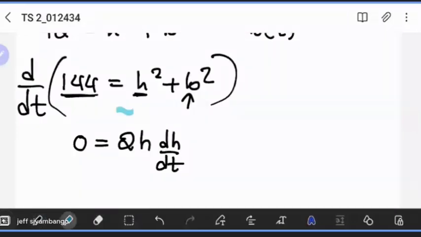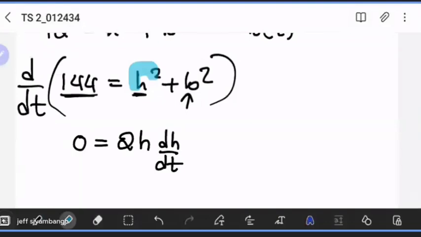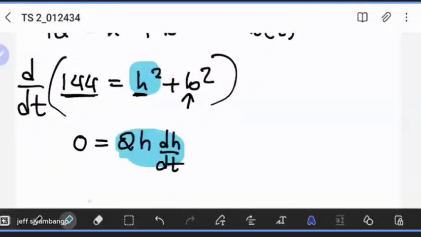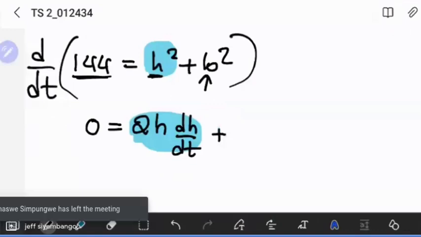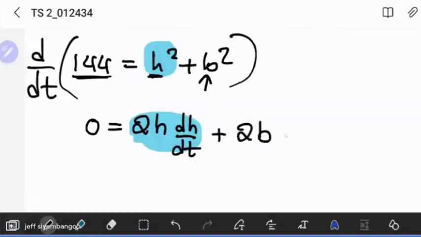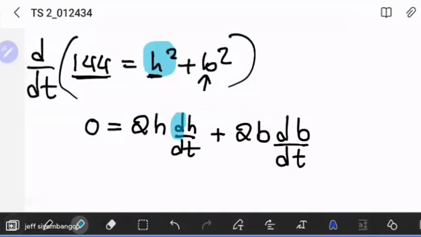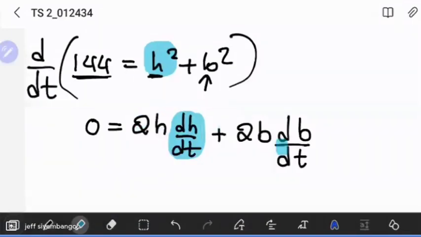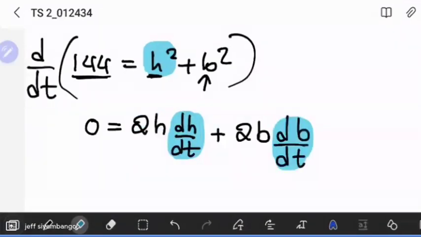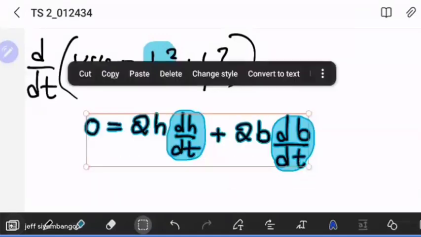So this is why we say, okay, H is changing. We have differentiated H. In the same way, we differentiate B. B also depends on time. So we will have 2B, and then we'll multiply by dB/dt. So we're saying that H is changing with respect to t, dB/dt, B is also changing with respect to t. So this is the expression that we now have.